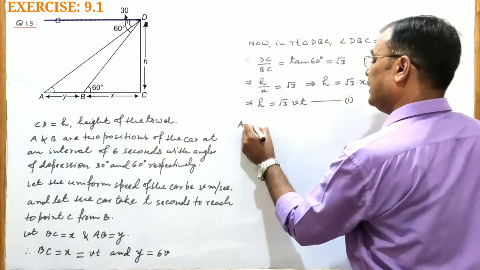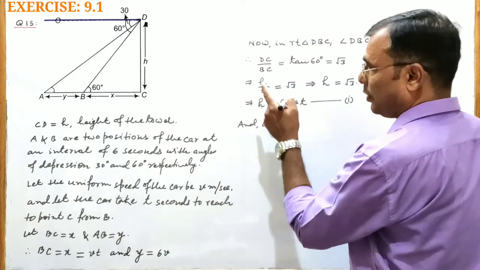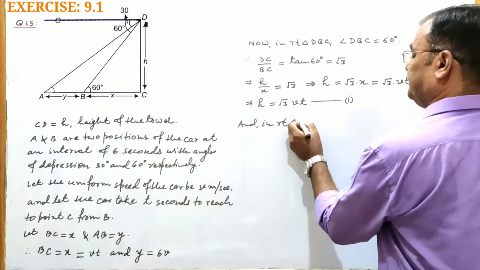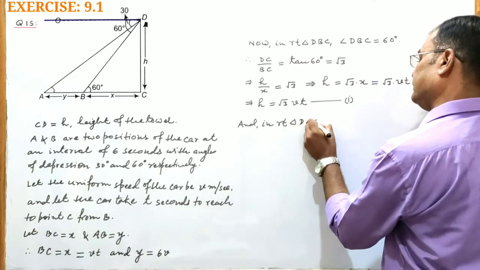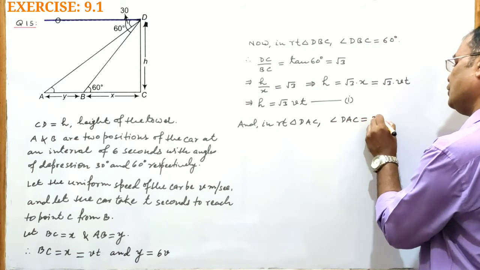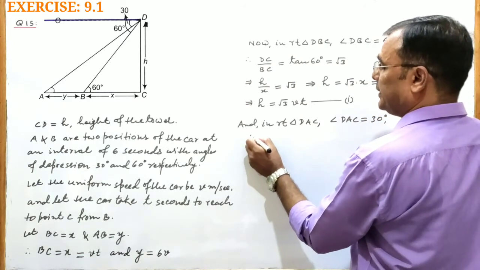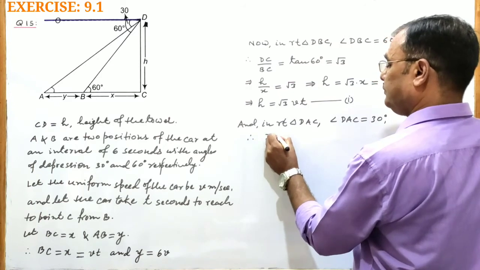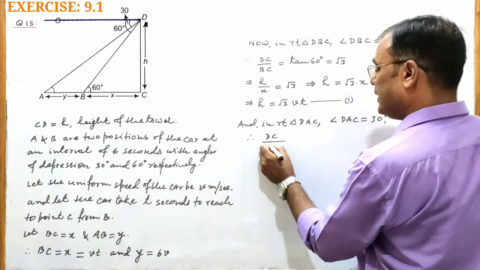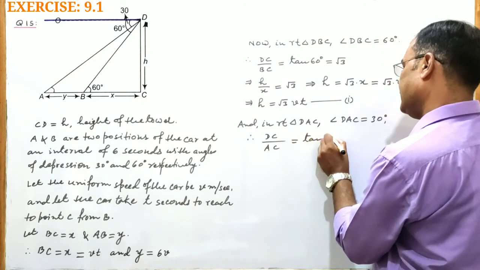In right triangle DAC, angle DAC is equal to 30 degrees. So we can write DC by AC is equal to tan 30 degrees.